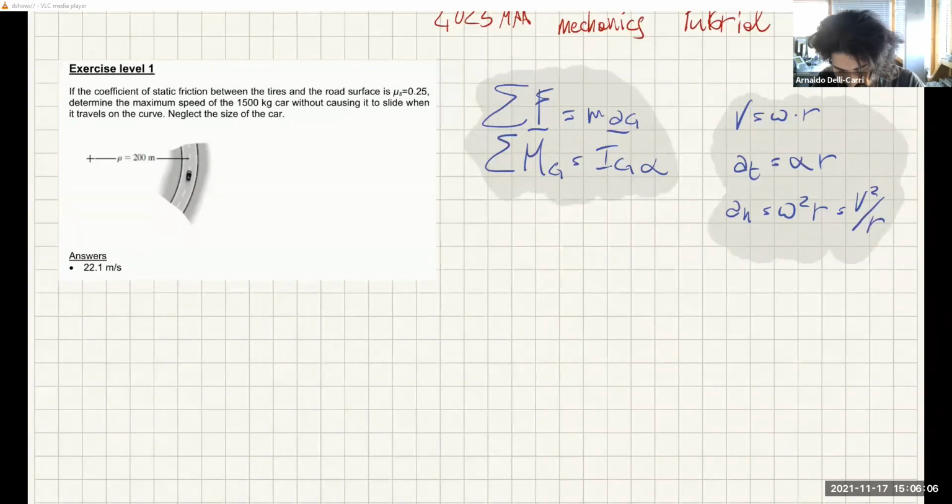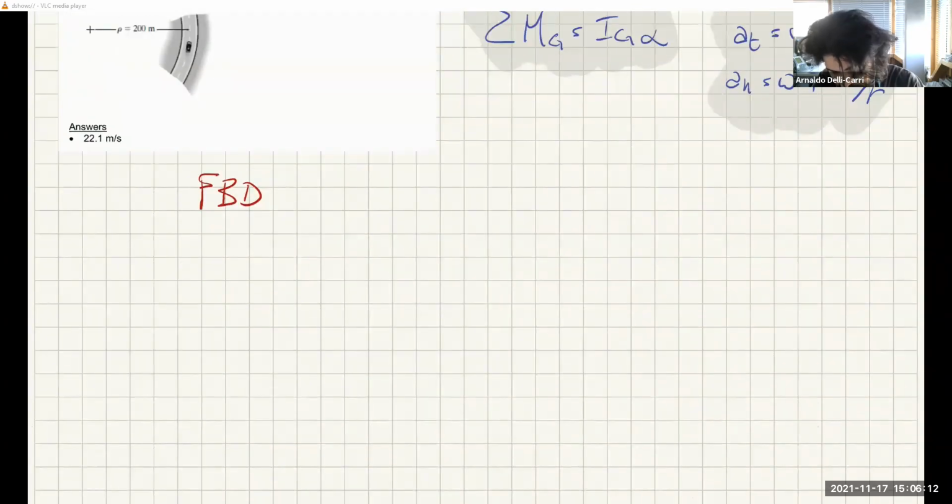So let's start with the free body diagram. So I will draw the curve, something like this. We know that the car is here, and we know that there is a certain curvature radius, rho.